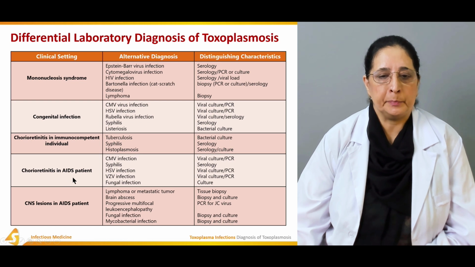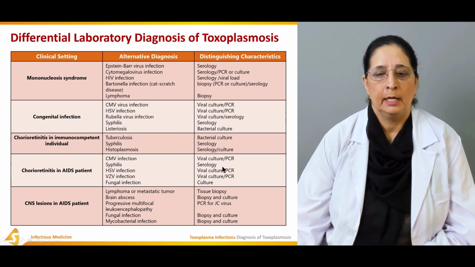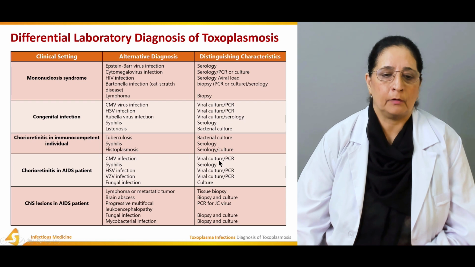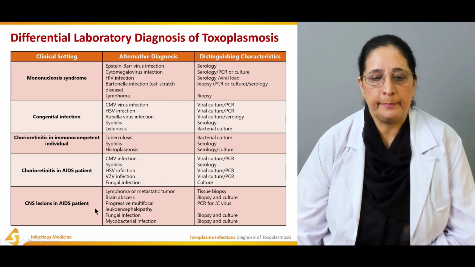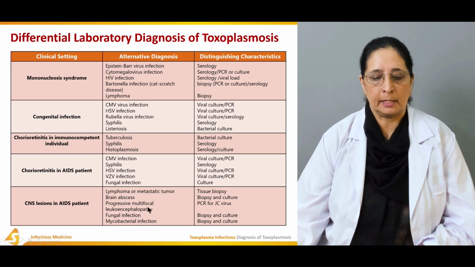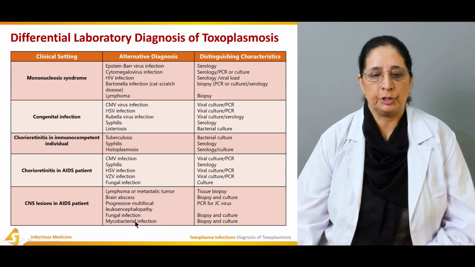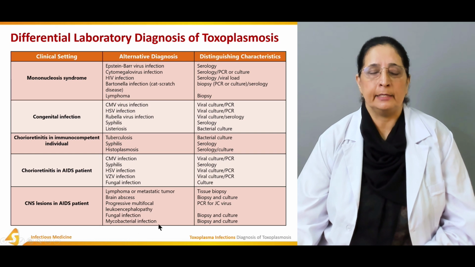Chorioretinitis in AIDS patients: CMV, syphilis, herpes simplex, fungal infection, again culture and serology. CNS lesions in AIDS patients can be lymphoma, brain abscess, progressive multifocal leukoencephalopathy, fungal infection, and mycobacterial infection.